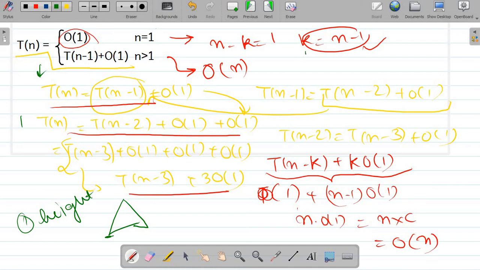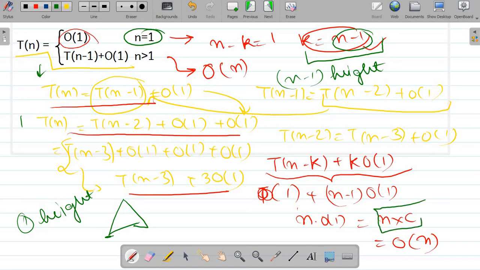So over here we just saw that when k is n minus 1, that is, after n minus 1 steps my base case is achieved, hence n minus 1 is the height of my recurrence or recursive tree.